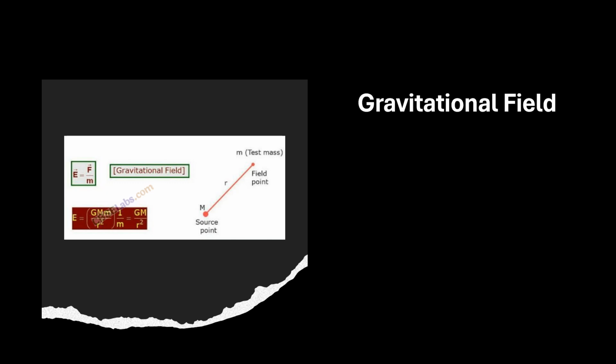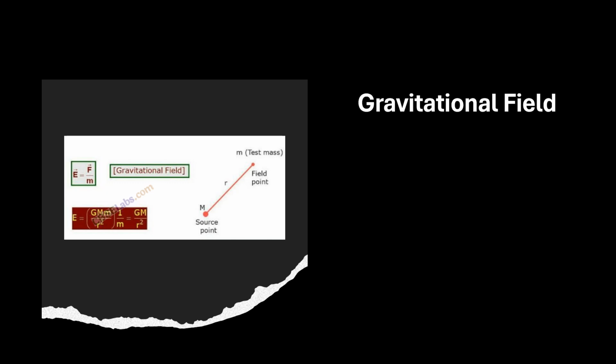Gravitational potential. The gravitational potential at a point in the gravitational field of a body is defined as the amount of work done in bringing a body of unit mass from infinity to that point. Gravitational potential at a point situated at a distance r from a body or particle of mass m is given by gravitational potential energy.